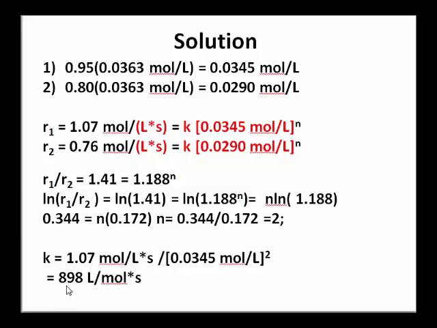Okay, make note of the units, liters over moles times seconds, which are arrived at by dividing moles per liter per second by moles per liter, twice, or moles squared per liter squared.